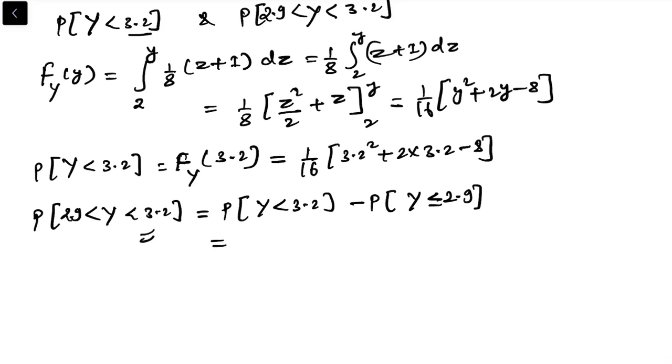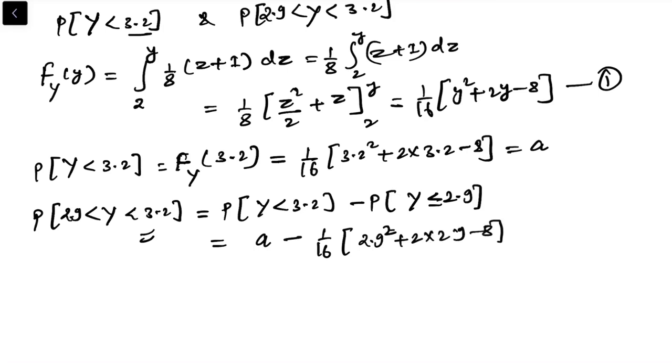For 3.2, we have already calculated this, let's say this is a, so this is a minus, and for this one you can simply put the value 2.9 in this. So this is 2.9 square plus 2 times 2.9 minus 8, and this is how you can obtain your answer.